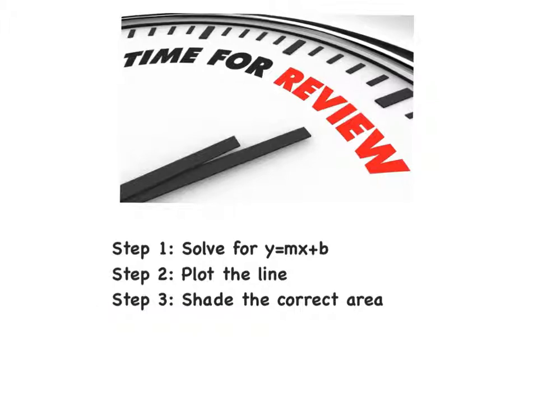If y is less than, then you need to shade where all of the negative y numbers are. If y is greater than, you need to shade above the line where all of the positive y numbers are. So please take your time with this. I know there's going to be a lot of graphing, but please take your time with this.